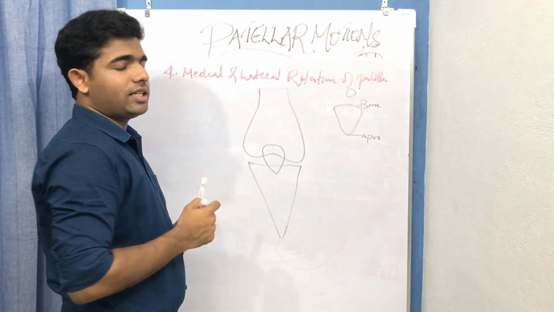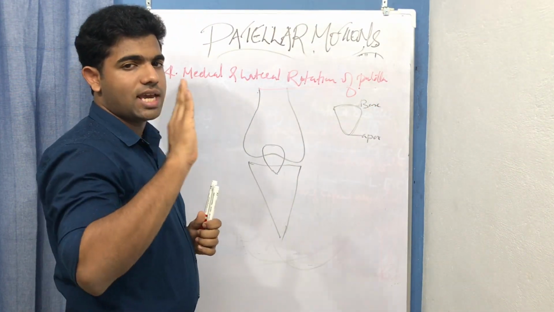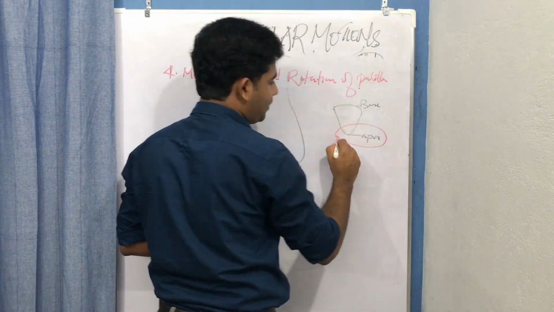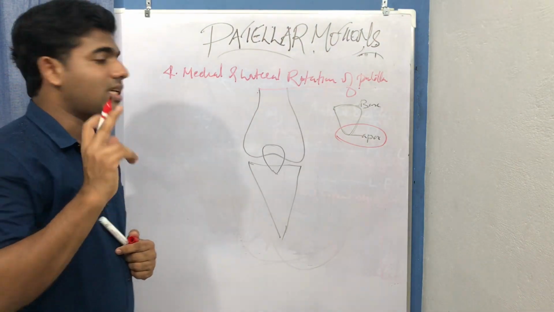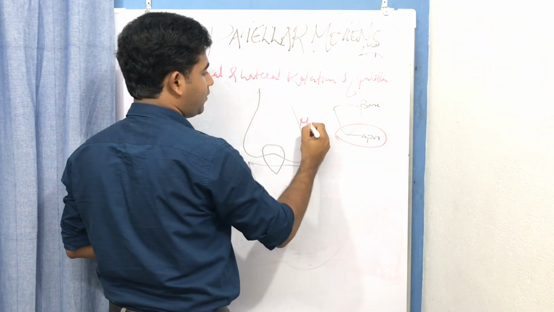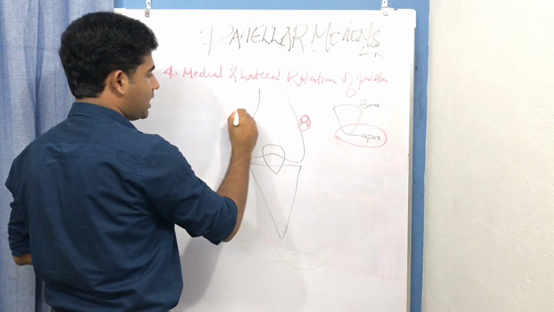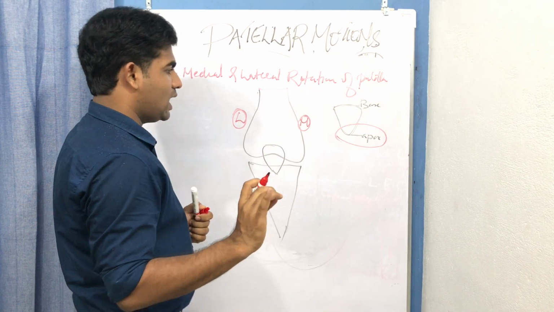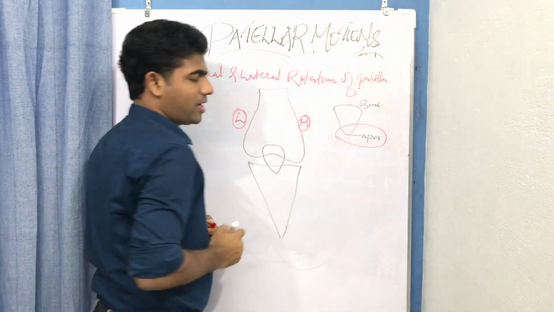Earlier for shift and tilt, we had the reference point as the anterior surface. And for the rotatory movement, we take its distal apex as the reference point. Whether this is the medial and this the lateral, or this the lateral and this the medial, our reference point is the apex.